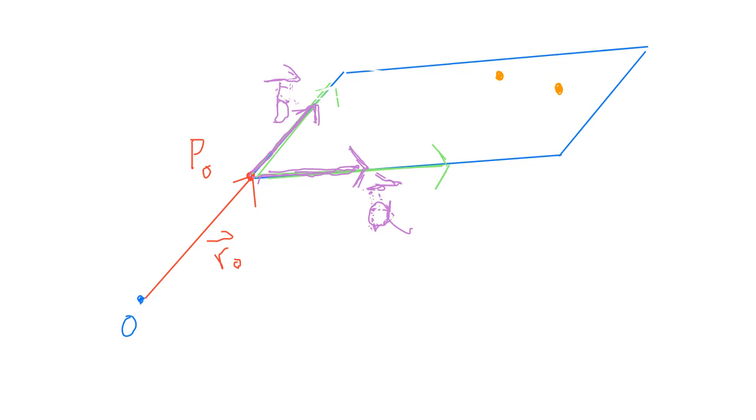Now, this green vector here is equal to some variable u times the vector A, and this green vector here is going to equal some variable v times the vector B. Well, if I were to draw this vector here, what's that vector equal to?